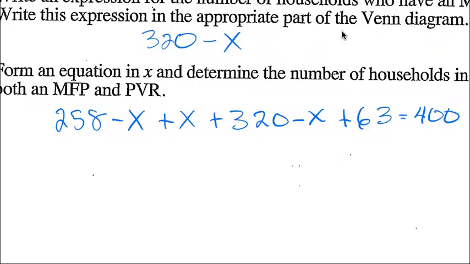Now you can see we have an equation in one variable. We should be able to simplify this equation and solve for X. Combine all your like terms. Minus X plus X, those cancel.